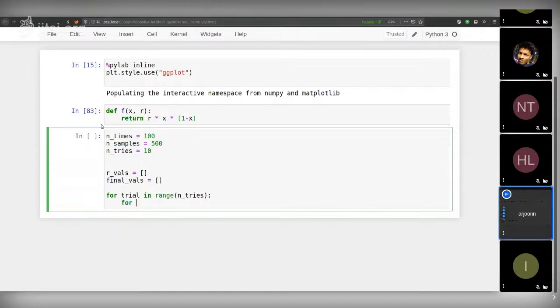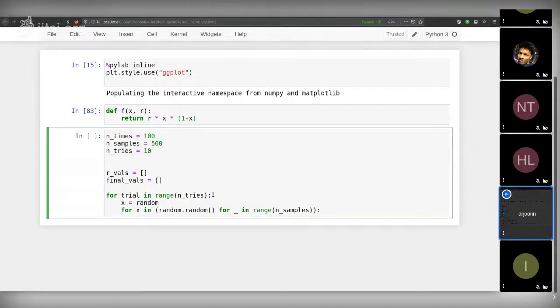So you have for, in samples, right? You don't really care where you start x from. Actually, you can just do this: x equal to random dot random, right?